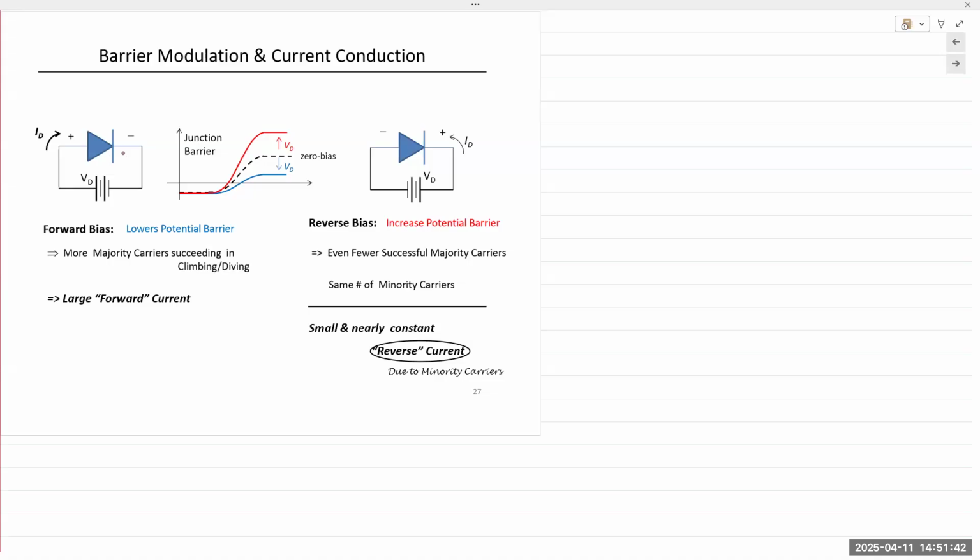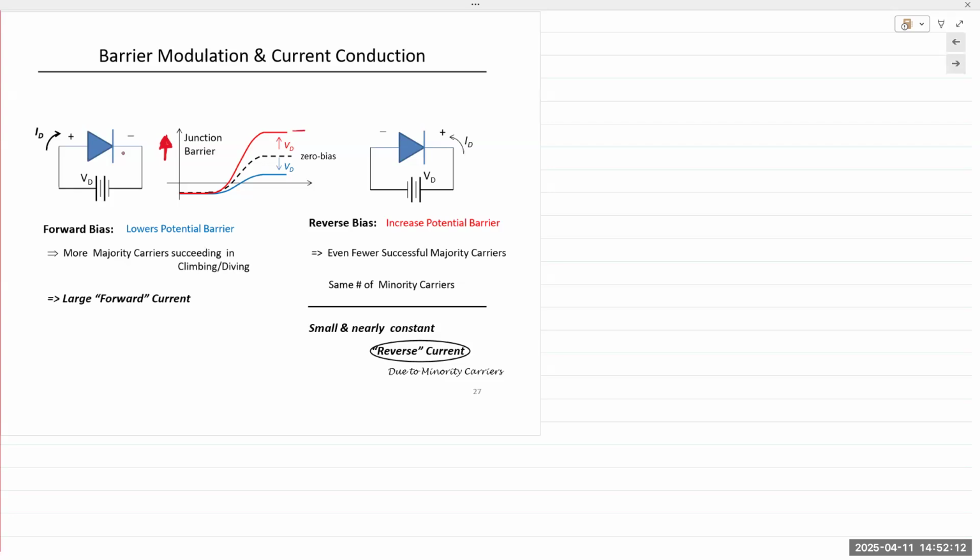The junction barrier originally is here, and when you apply a voltage, it's going to drop. In forward bias, effectively, the junction barrier is going to decrease. But it's not actually physically decreasing. It's only allowing the electrons and holes to cross over. You're applying sufficient energy to those electrons and holes to cross over the junction.